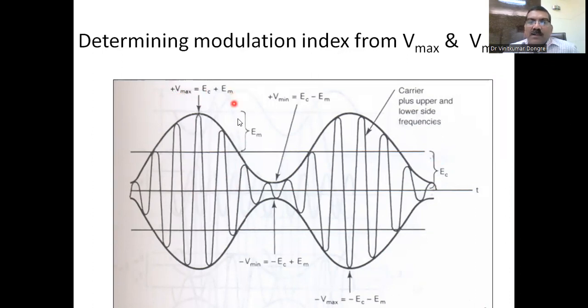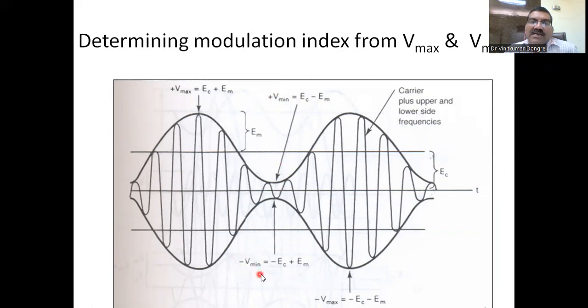Simple concept. Now, the small portion above this horizontal line is Vmin. This is Vmax and this is Vmin. So Vmin equals EC minus EM. We are doing the subtraction. This is the plus side, so this is plus Vmax. This is minus Vmax, on the negative side.